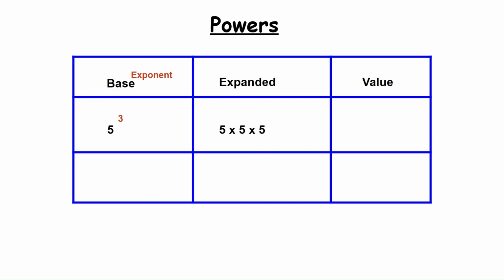So now that we've expanded the power, calculate the value of 5 to the third power. That's correct, 125. So 5 to the third power expanded is 5 times 5 times 5, and the value of 5 to the third power is 125.